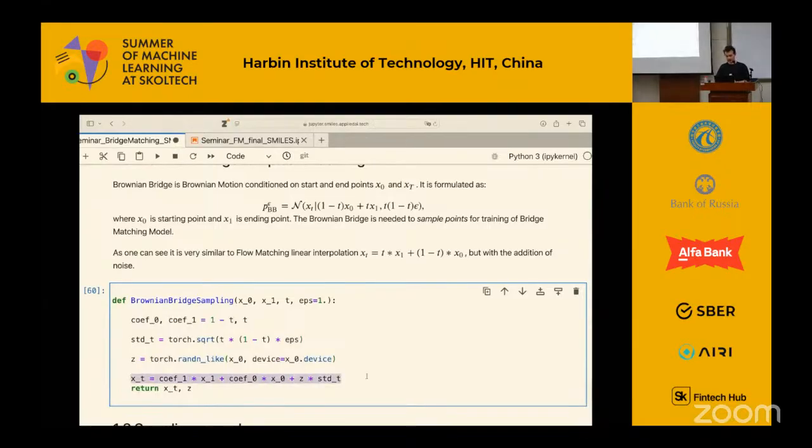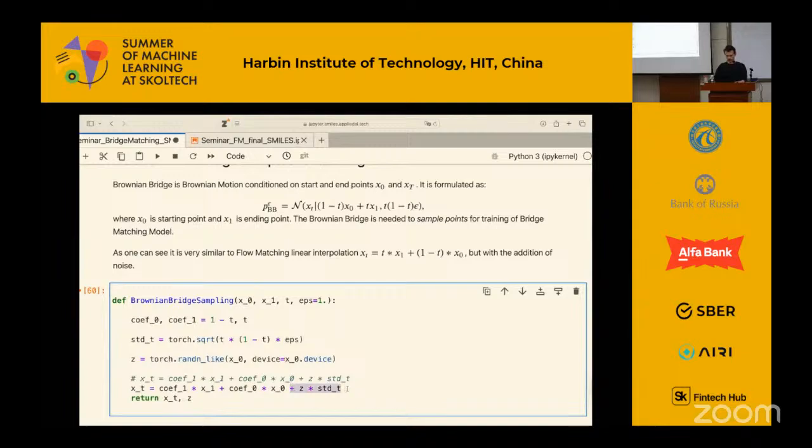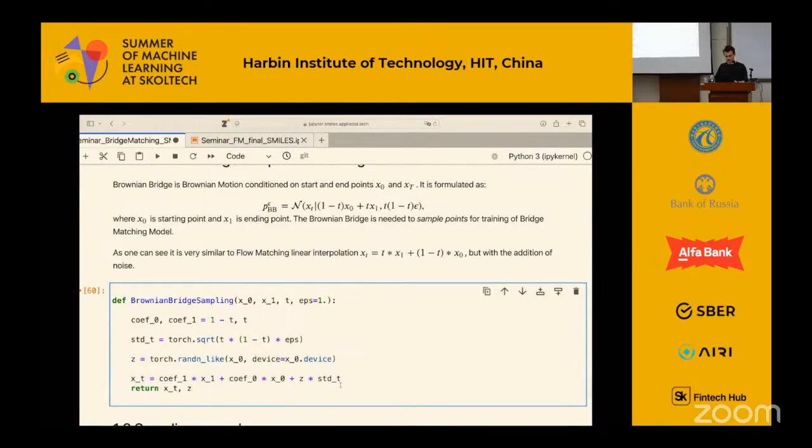And the resulting xt will look like this. So if we do this and delete the stochastic part, it would be essentially a flow matching interpolation that we have written this morning. But yeah, for the stochastic differential equation in batch matching, we would have to add stochasticity to our interpolation.